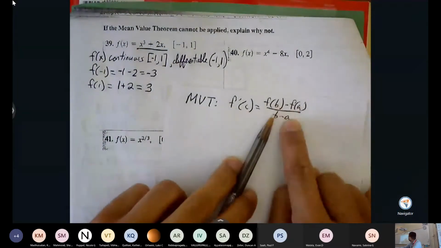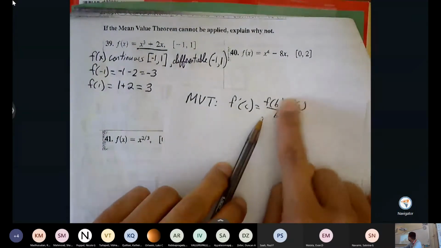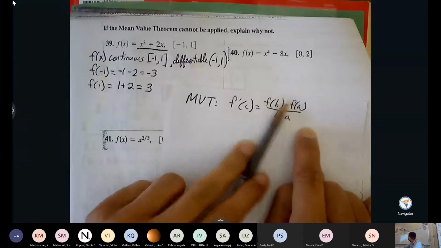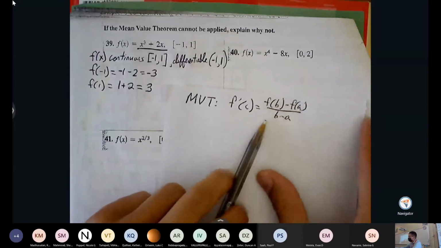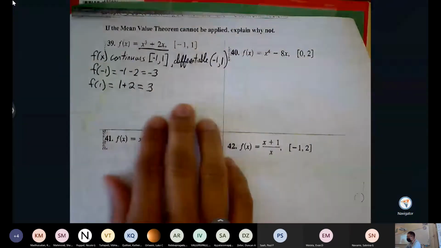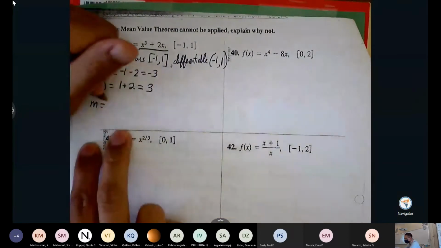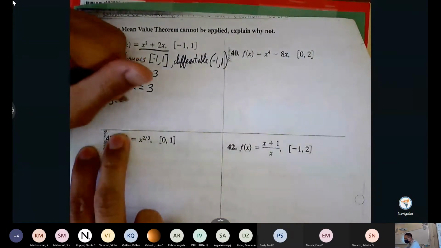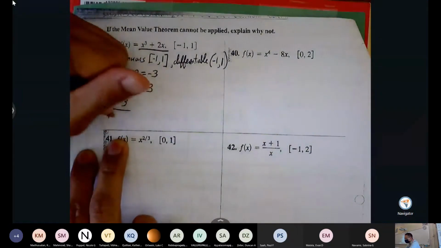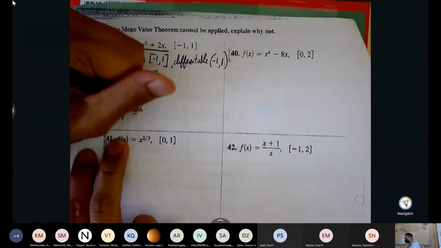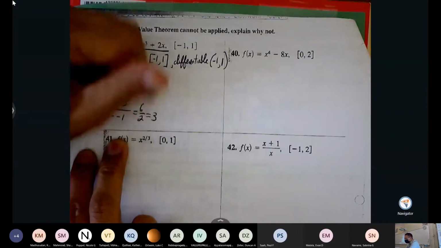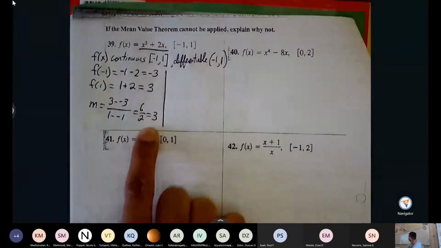We're trying to figure out what number we can place for this location here. Change in y over change in x. So we have the slope.